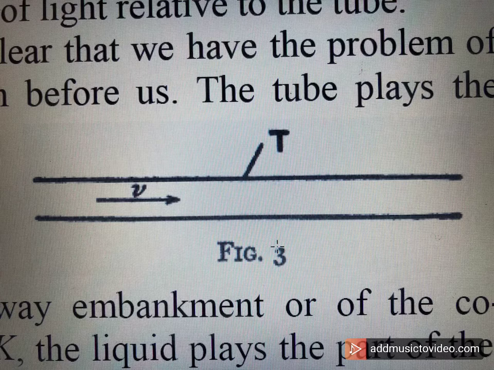Experiment decides in favor of equation B, derived from the theory of relativity, and the agreement is indeed very exact. According to recent and most excellent measurements by Zeeman, the influence of the velocity of flow v on the propagation of light is represented by formula B to within 1%.